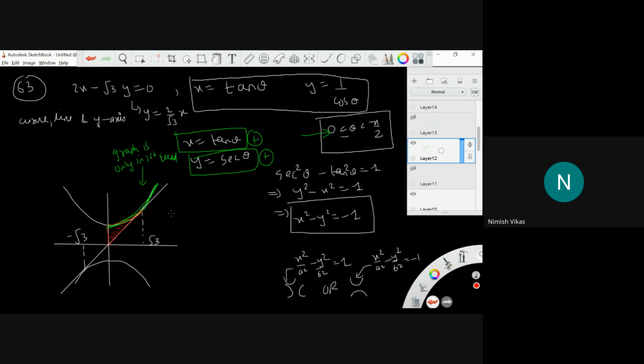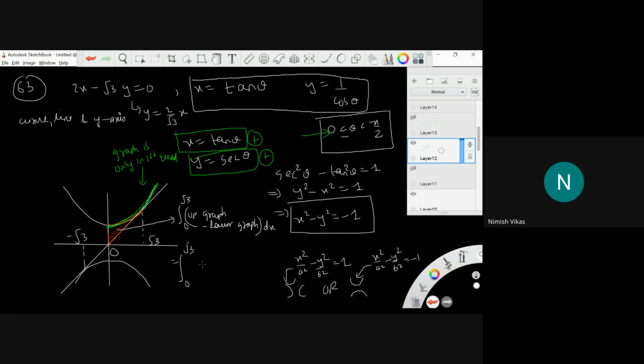So this area will be, we are integrating from 0 to root 3, upper graph minus lower graph, dx.